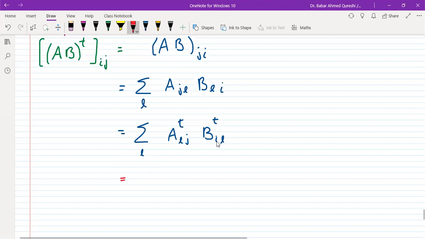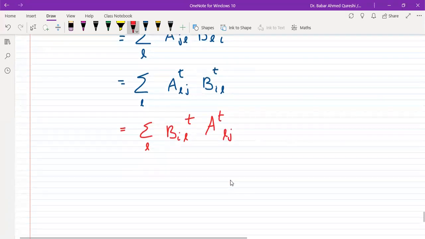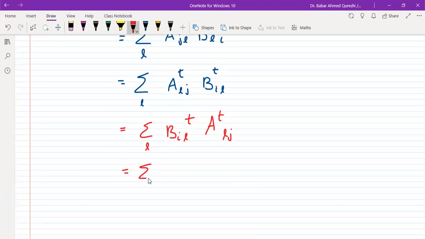Now I see that this i is a row which matches with this row, and this j is a column which matches over here. And since these are numbers, I can write them one after the other, just for the ease of reading it off. Numbers commute. So what is this?